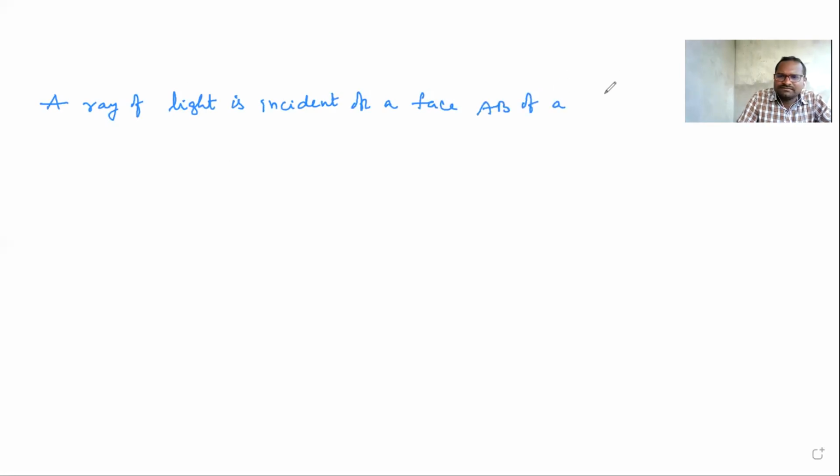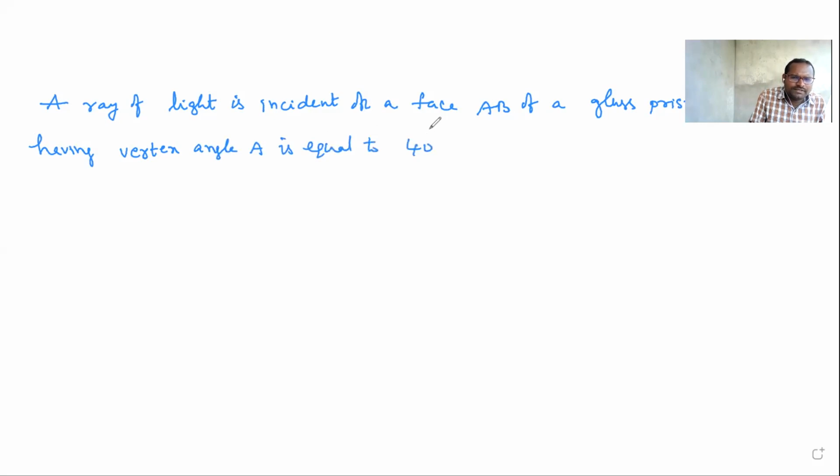A ray of light is incident on a face AB of a glass prism ABC having vertex angle A. Vertex angle A is equal to 40 degrees.